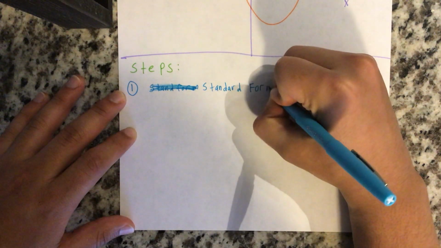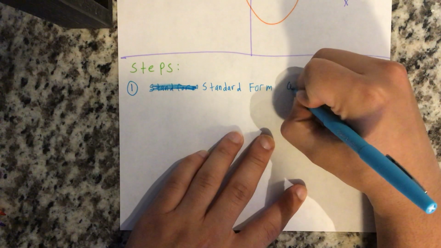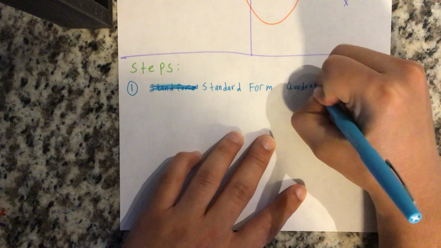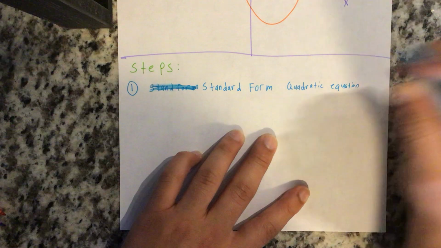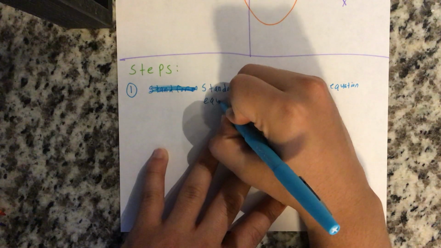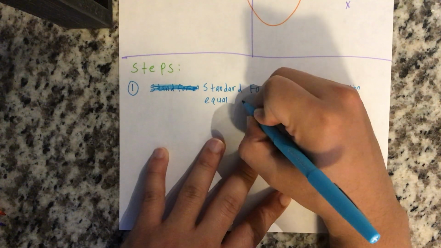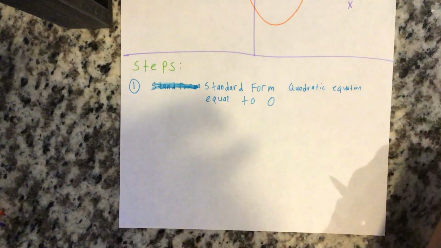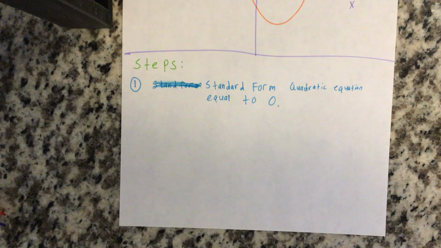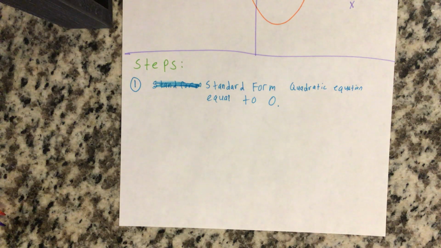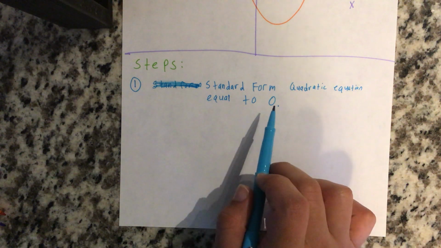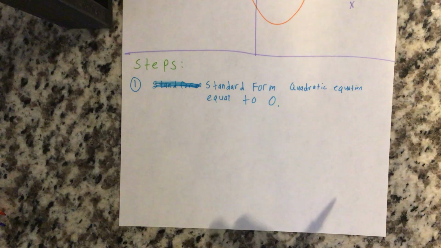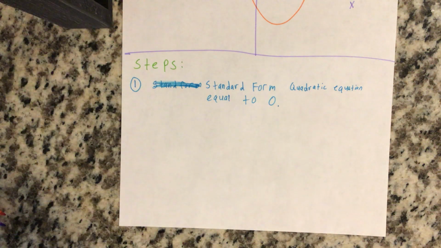A standard form quadratic equation equal to 0, okay? And that's a really important thing. It has to be equal to 0 for this to work, and we'll get to that later. So a standard form quadratic equation equal to 0. That's what we have to start with. That's going to be step one.